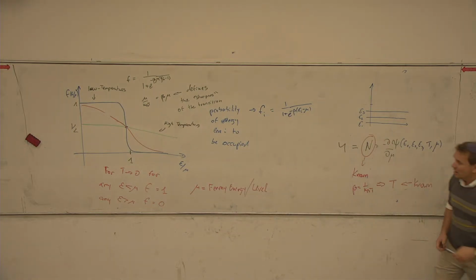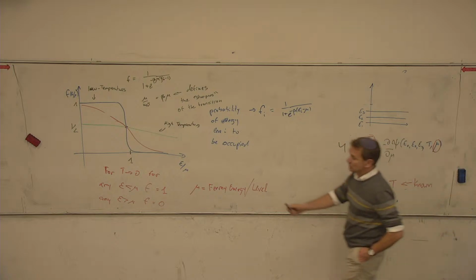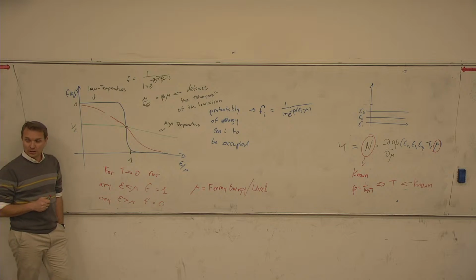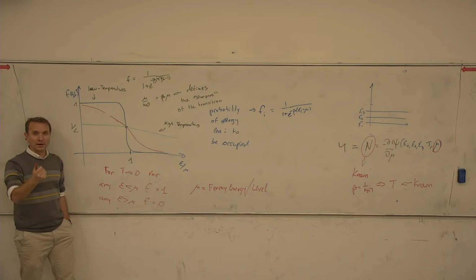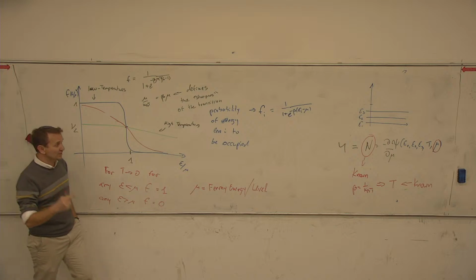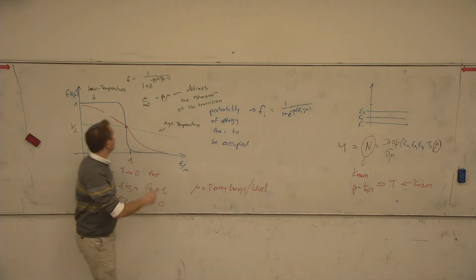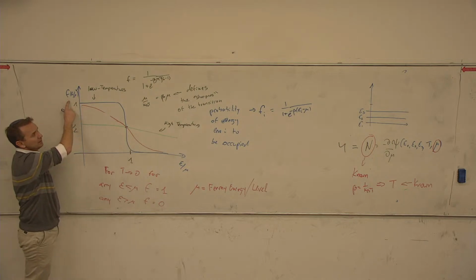And you see, the most interesting quantity is this chemical potential, or the Fermi energy of the system. Why? Because you see, the probability function, whether the state is occupied or not occupied, what is the probability that there is a particle sitting here? It's completely defined by this function.